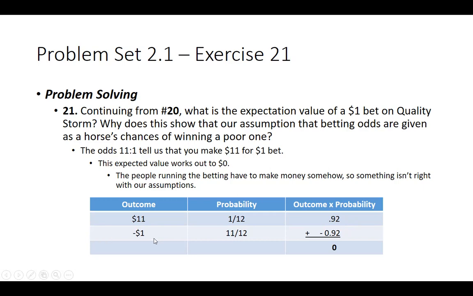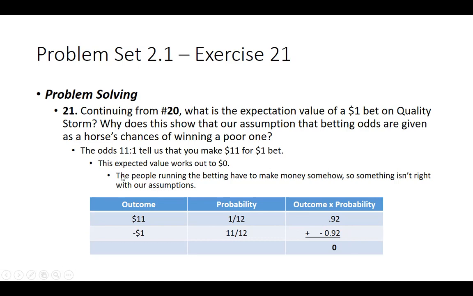The outcome of losing our dollar then would happen 11 out of 12 times, since it has to add up to 12 out of 12. -1 times 11/12 is -0.92. So the expected value is 0. We would call this a fair game.